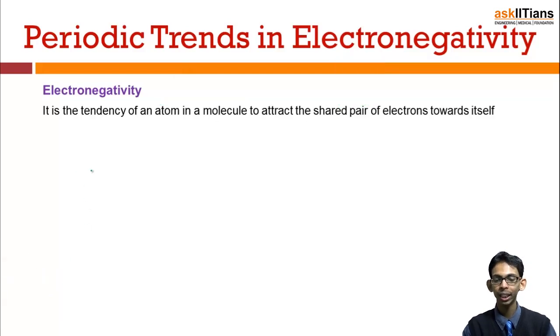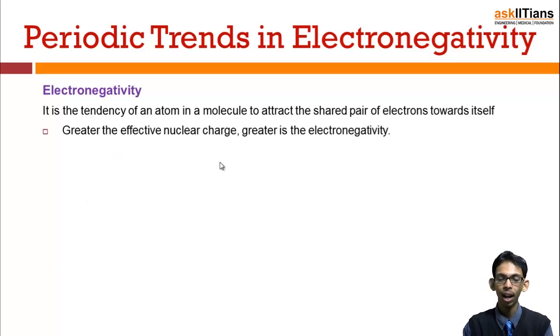Now, we know electronegativity is the tendency of an atom in a molecule to attract shared pairs of electrons toward itself, and it depends on the nuclear charge. Greater the effective nuclear charge, greater will be the electronegativity, which in turn depends on the size.